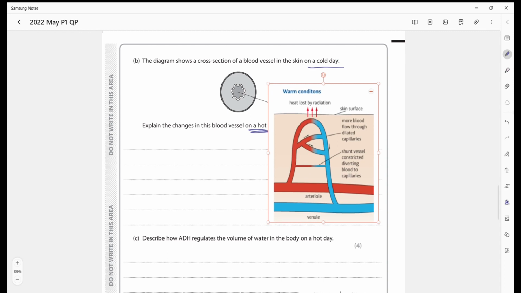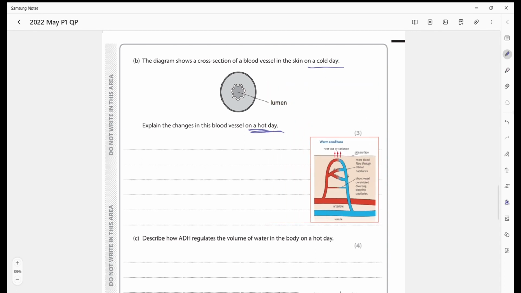So during a hot day, what happens is that we have the arterioles here, and these arterioles undergo vasodilation. So they widen, and because they widen, it increases the blood flow so that more heat can be lost via radiation.